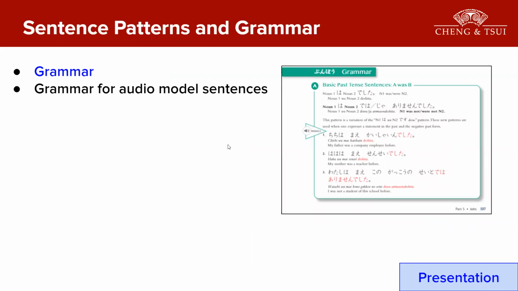The presentation of AIJ's grammar sections remains a strong feature in the AIJ series. Sentence patterns in the series are introduced from simple to more complex. Detailed grammatical explanations provide abundant examples for instruction and self-study.